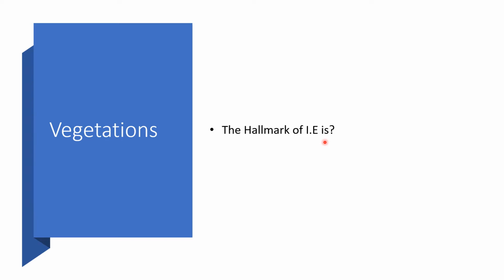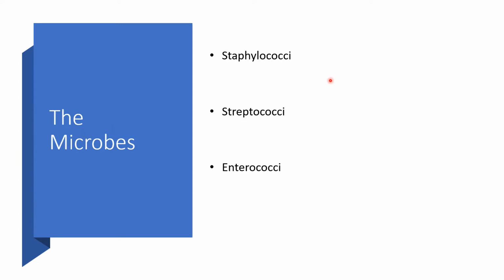So, the host immune system will then determine what follows. If it's strong enough to wipe it off, great, no signs, no symptoms. If it is overpowered, then there will be signs and symptoms. Now, the microbes.